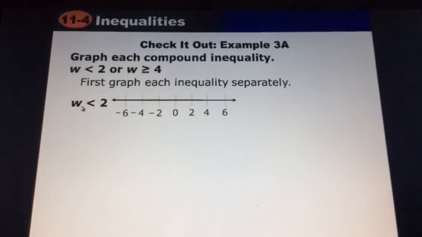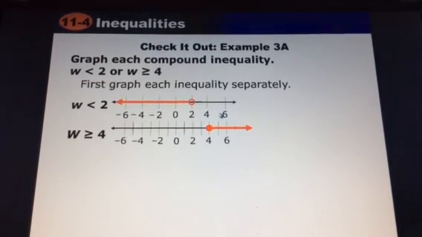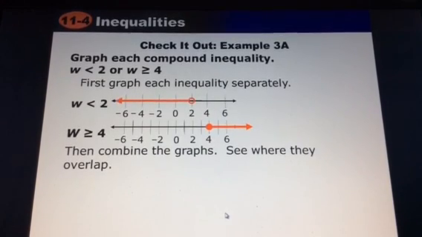So w is less than 2, is open circle on 2, everything to the left. W greater than or equal to 4, closed circle on 4, everything to the right. Now, we're going to take both of these because it could be here or it could be here. It could be in either place, and it would be a solution. And I'm going to stop here because we're running out.